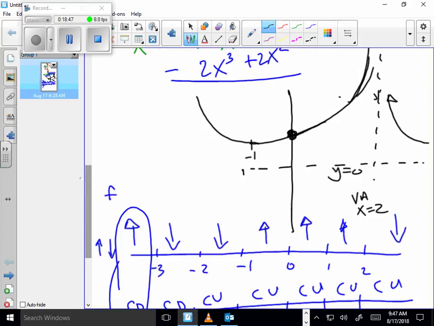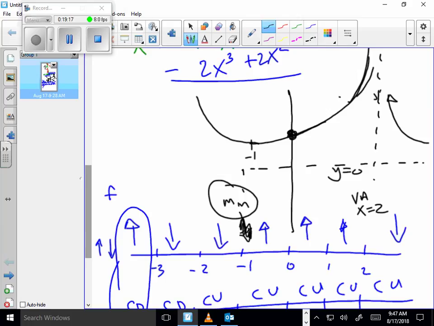Do we have a minimum or a maximum? A minimum. And I know we have a minimum because my graph goes from decreasing to increasing. When I go from decreasing to increasing, I have a minimum. Okay. So this is a minimum.